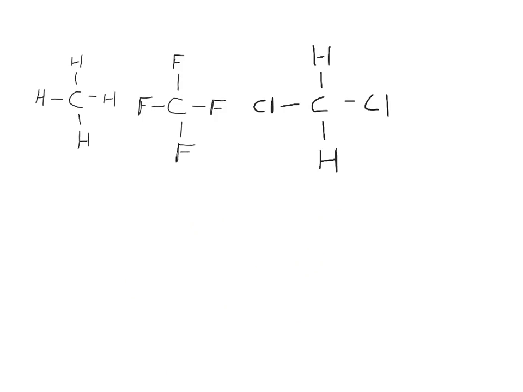Predicting molecular polarity, whether or not a molecule is polar. Here I've got 3 examples. They're all XY4 types, meaning one central atom and then 4 atoms bonded around it.